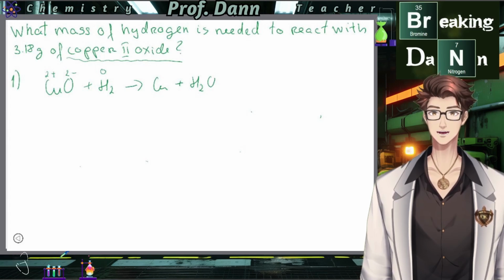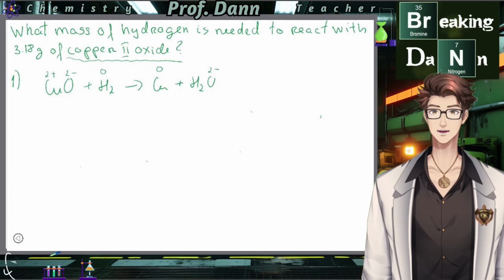Similar to hydrogen, copper is a single element, so the oxidation state for copper is 0 as well. And for H2O, the oxidation state for oxygen is 2 minus. However, for hydrogen, this time the oxidation state is going to be 1 plus.